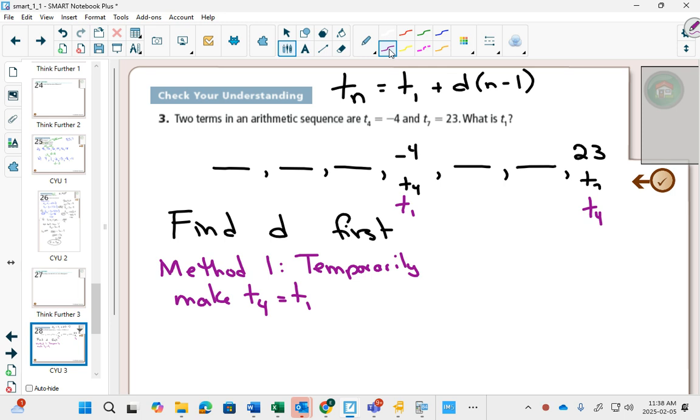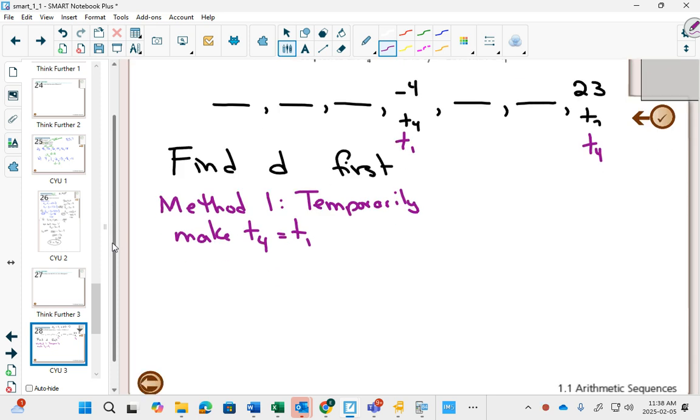Right? I can decide, in my formula, if I use n equals 4, here's my formula, Tn equals T1 plus D times n minus 1. I temporarily made term 7 into term 4, so term 4 would be 23. Term 1 is negative 4.